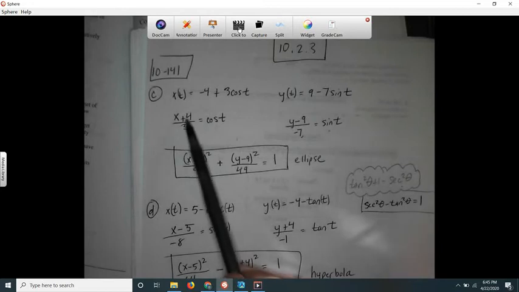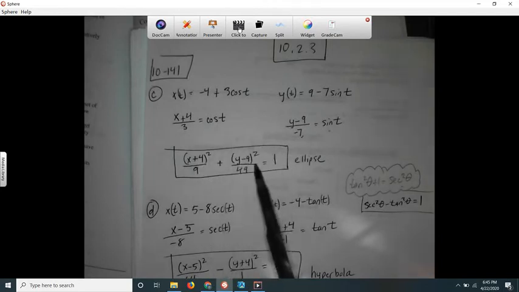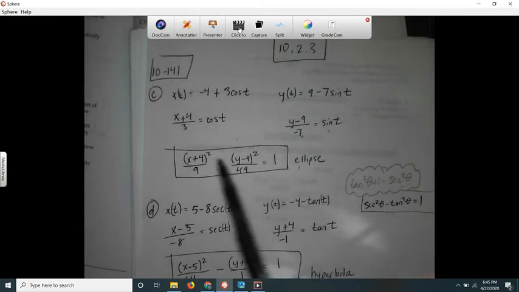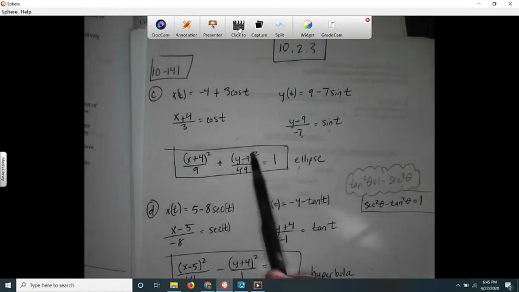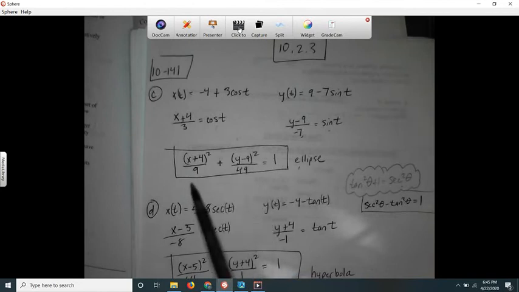When I square this, you can see that the x plus 4 squares out to that, and 3 squared is 9, and I square this one too. That's an ellipse. The center is at negative 4, 9, and it's longer on the y-axis than on the x-axis.